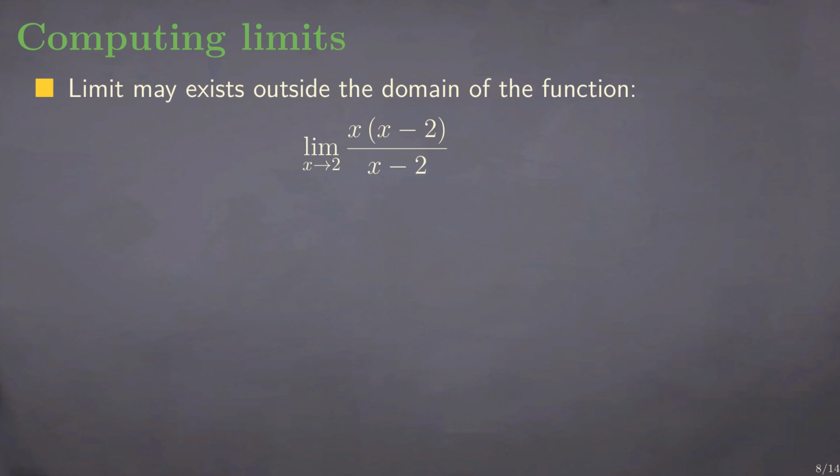So from this remark, we see that the limit of this function is the same as the limit of x after simplifying x minus 2 in both numerator and denominator. And of course the limit of x when x tends to 2 is just 2. So you see that in this case, even though 2 does not belong to the domain of the function under consideration, the limit exists.